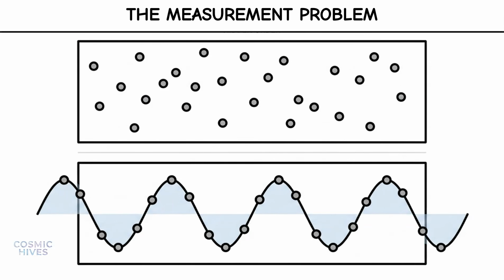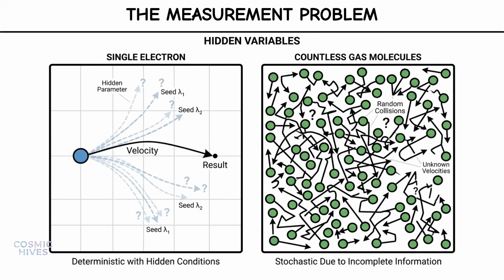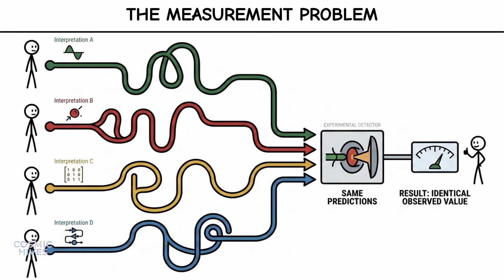Under this model, the apparent randomness of quantum mechanics is not fundamental at all. It reflects our ignorance of the electron's exact initial position, similar in spirit to how classical statistical mechanics treats gas molecules.